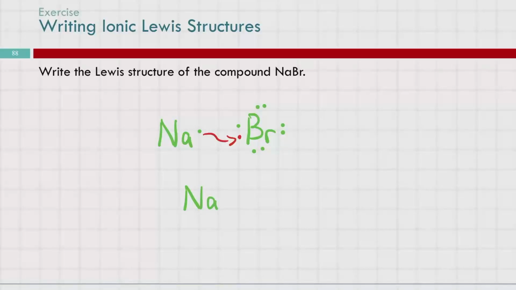So we've got sodium plus brackets to contain our negatively charged bromine. Just going to quickly draw in the dots. Other bracket, and a negative charge outside of the bromine.